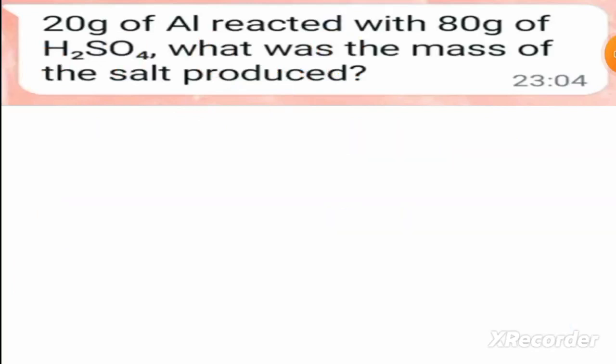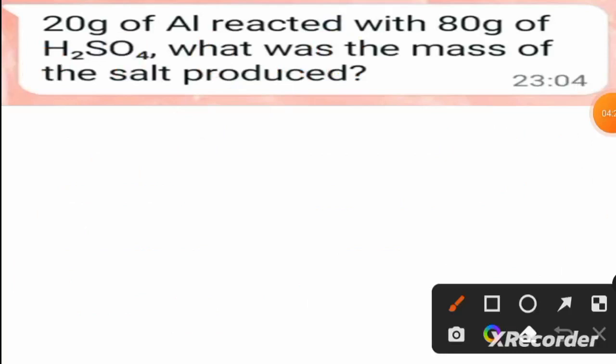Now it is time for us to identify the limiting reactant. To do that, we are going to come up with a balanced chemical equation. We are reacting aluminium plus sulfuric acid.